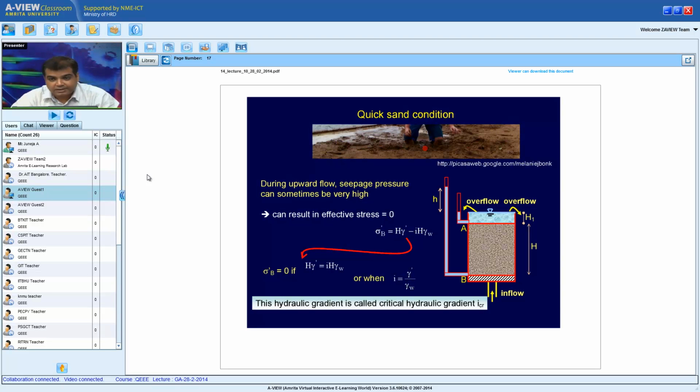What happens if there is an upward flow? There are two examples of upward flow. The first example is the quicksand condition.